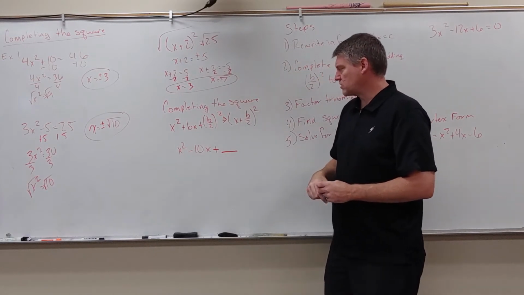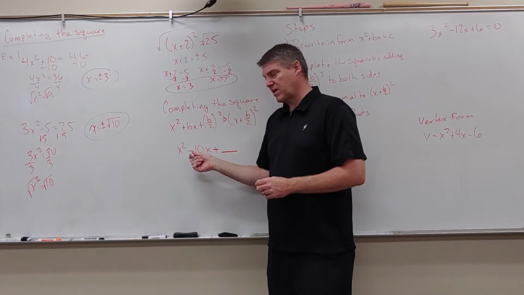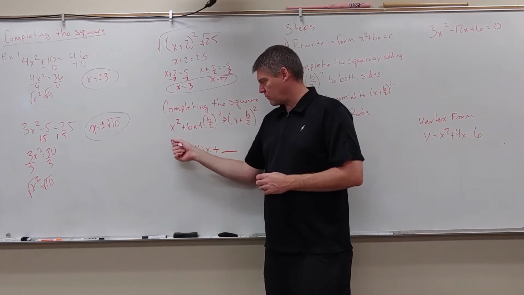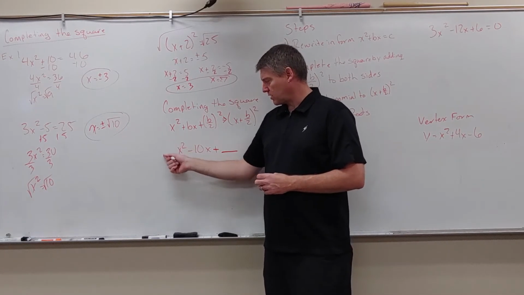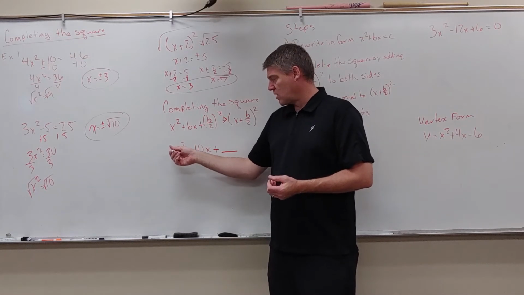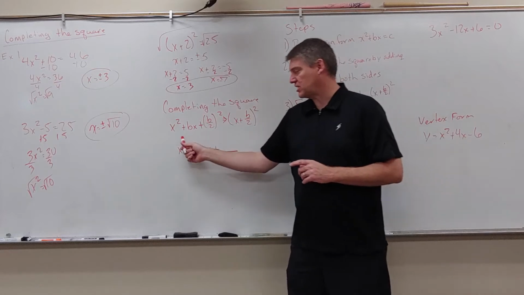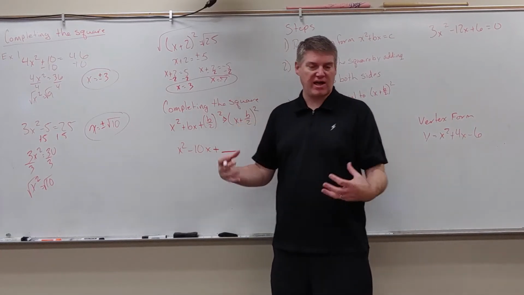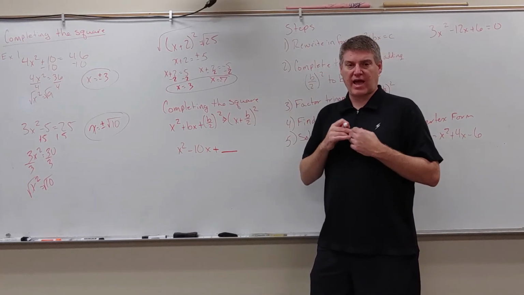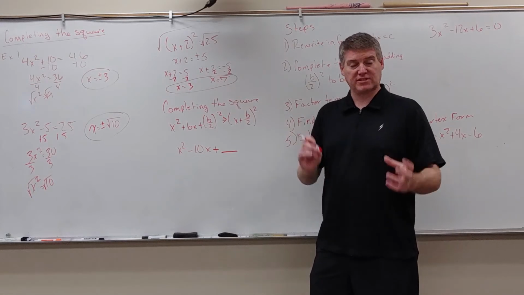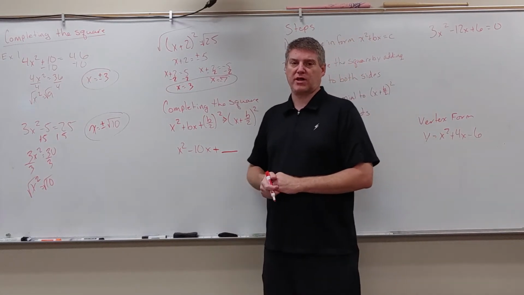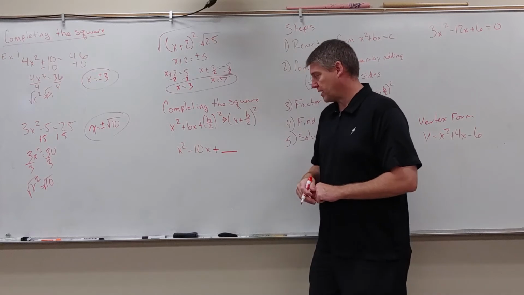So what we're going to do is take half of my b. Notice one thing that all completing the squares have in common is we want our a to be 1. We have to get this to just be x squared. We can't have it be 5x squared. It has to be a coefficient of 1. If it's not, we have to multiply through to get it to be a 1.